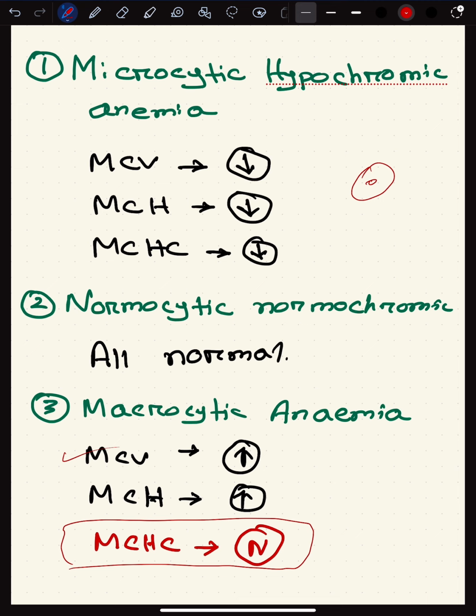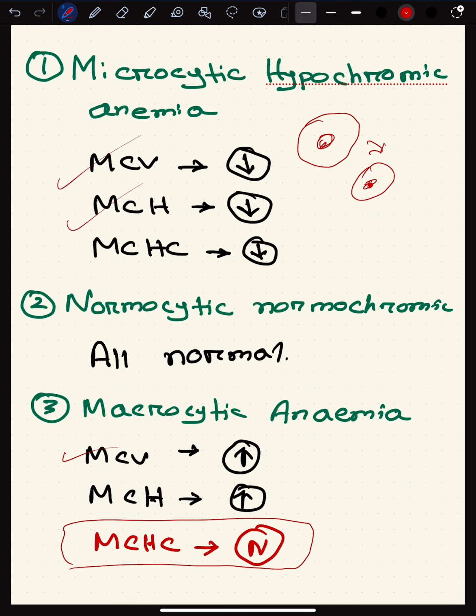In microcytic hypochromic anemia, you'll get MCV decreased, MCH decreased, MCHC decreased. How? Microcytic means the cell is smaller. A normal cell will be like this, but it becomes a smaller cell. So the volume has decreased, so MCV is decreased.